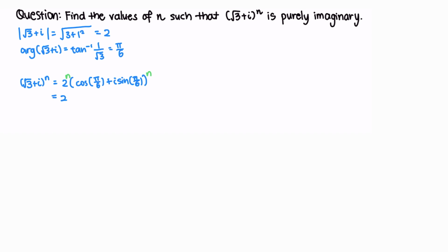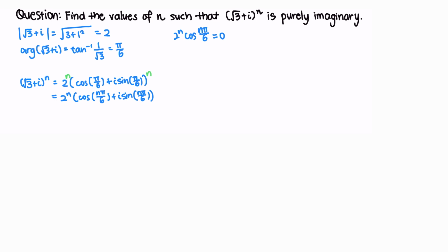Which again, let's use De Moivre's theorem as from earlier, and we get cosine n pi over 6 plus i sine n pi over 6. And again, purely imaginary means that the real part has to be equal to 0. So let's do that. The real part in this case is just 2 to the power n cosine n pi over 6, and we want this to be equal to 0.